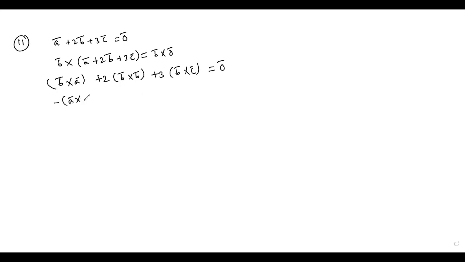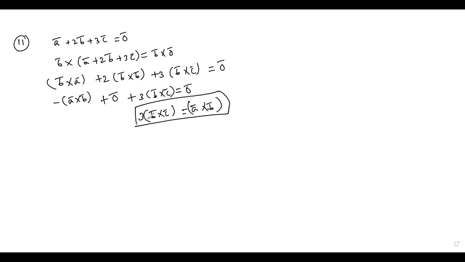This we can write, if we change the position of the vector product, the sign changes. Cross product of a vector with itself is 0 bar. So 3 into b bar cross c bar equal to 0 bar. This minus we send to that side. Now 3 b bar cross c bar is nothing but a bar cross b bar. Clearly we changed it, okay? In terms of b bar cross c bar, one term is over.